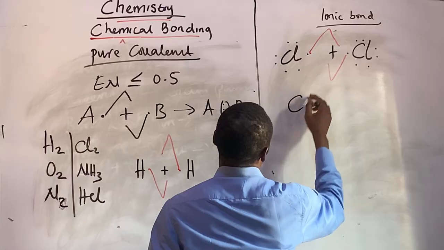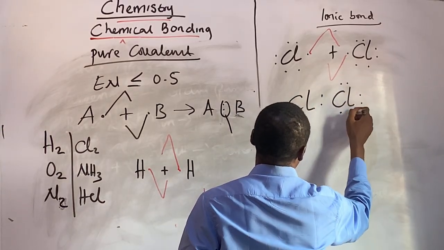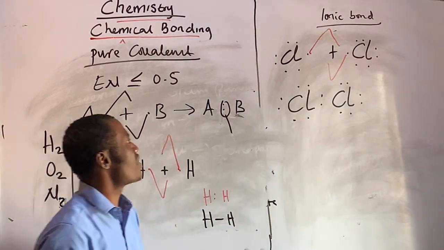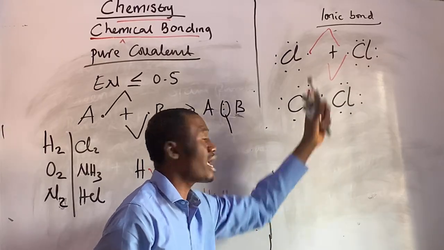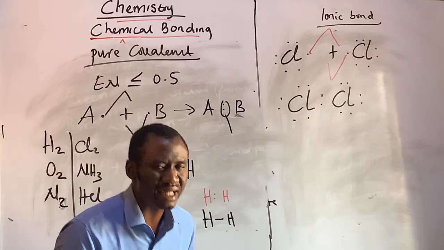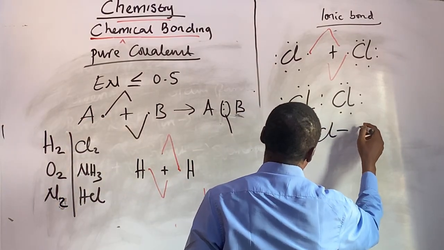So we have chlorine, a shared pair, chlorine. Now you can see that we have 2, 4, 6, 8. They are happy. So they have mimicked the octet configuration. So chlorine is going to form one bond.